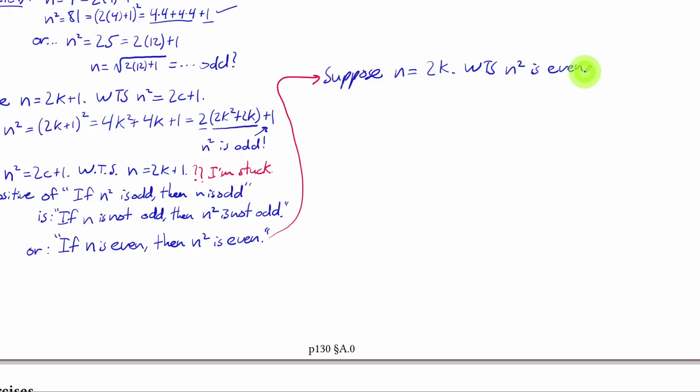So let's do it. n squared is (2k) squared, which equals 4 times k squared, which is 2 times 2k squared, which is even because it's written as 2 times an integer.